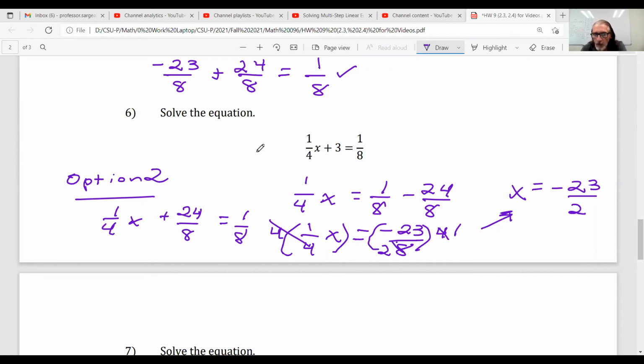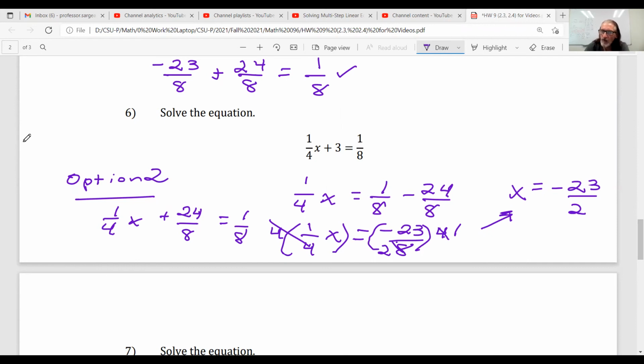Option 2, instead of getting rid of fractions first, is to deal with the fractions. Since we have 1/4 x plus 3, if I want to subtract 3 from both sides, I'm going to need to see that 3 as 3 over 1, with the same denominator, 8.